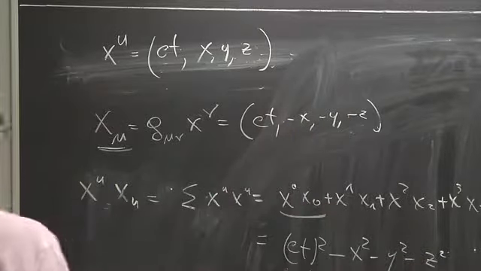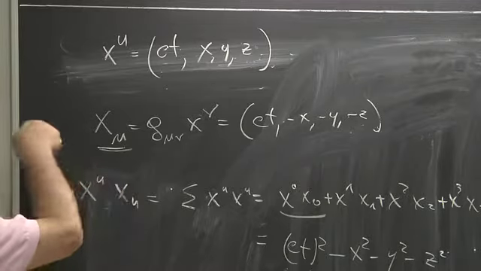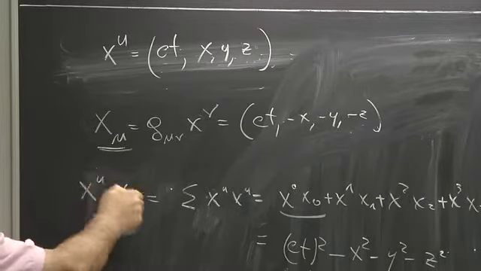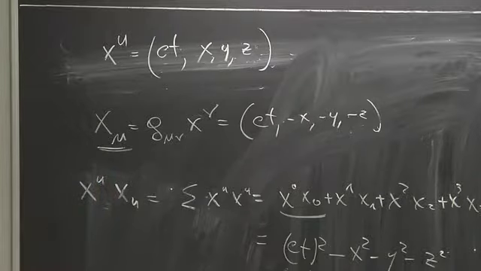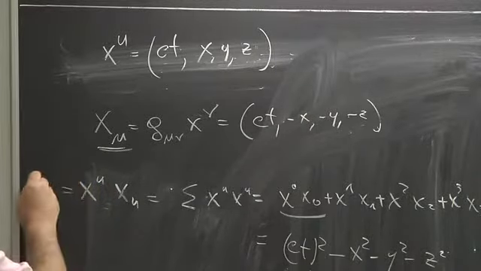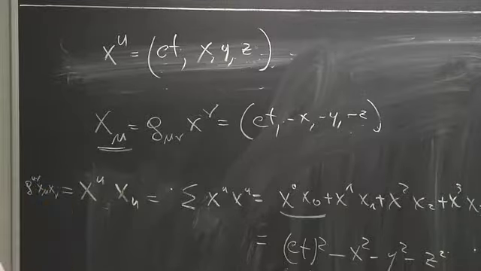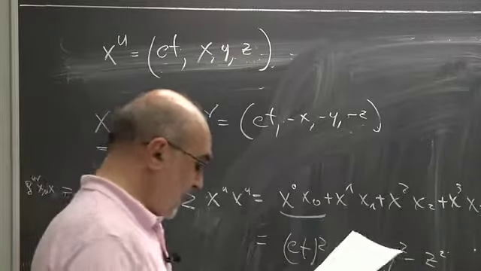Okay? So you see that in this summing using the Einstein convention, some indices that are repeated are summed, and this is also equal to g mu nu x mu x nu, the usual for length.